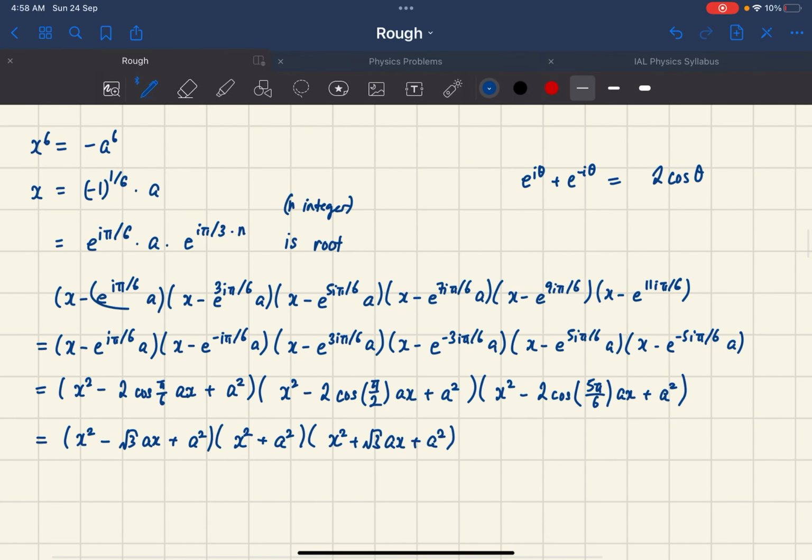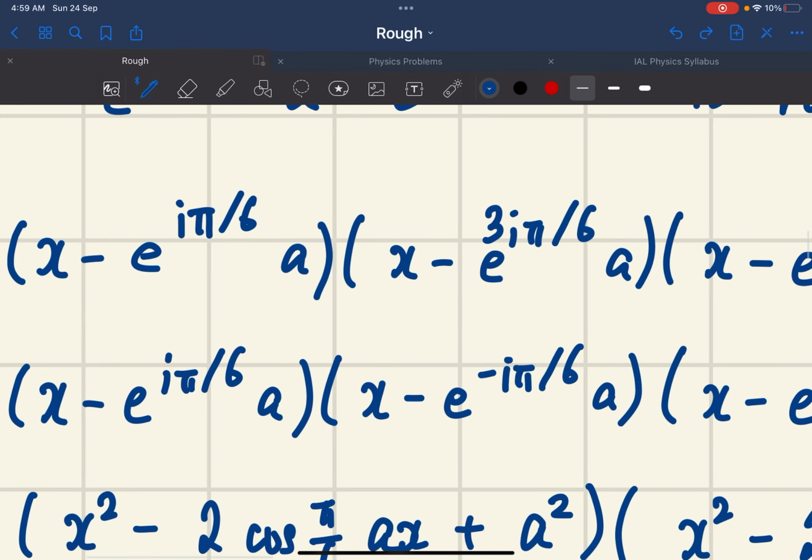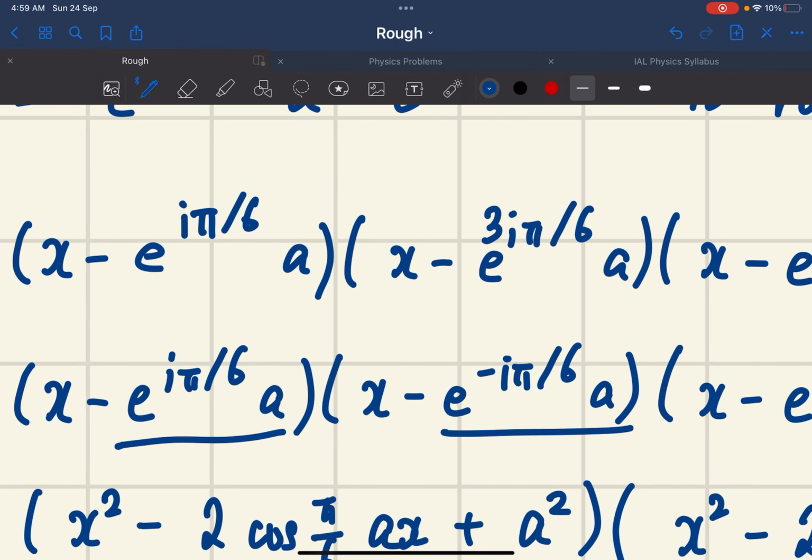Okay, we have all the roots here, right? And this root here is a complex conjugate of this root here, so we want to multiply them together. But instead of writing it as e to the 11i pi over 6, write it in this form, e to the minus i pi over 6, to make it more clear that these two are complex conjugates, because there's a minus in front of the i here.